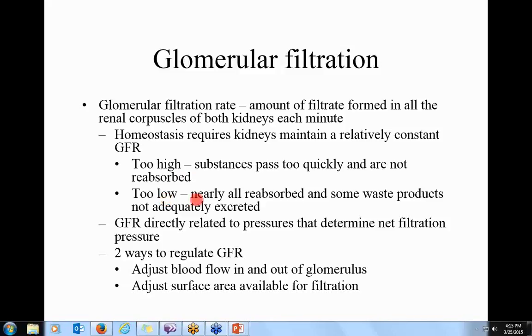If it's too low, then almost everything is reabsorbed, so there's not adequate secretion or excretion. So there are two ways to regulate glomerular filtration rate. One way is to adjust the blood flow in and out of the glomerulus, and another is to adjust the surface area available for filtration.